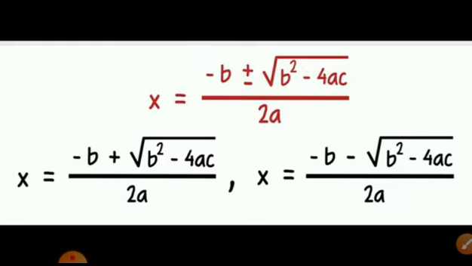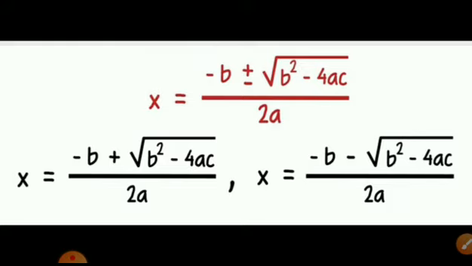That means x is minus b plus root of b square minus 4ac by 2a, or x is equal to minus b minus root of b square minus 4ac by 2a. This is what we have done using the formula method.